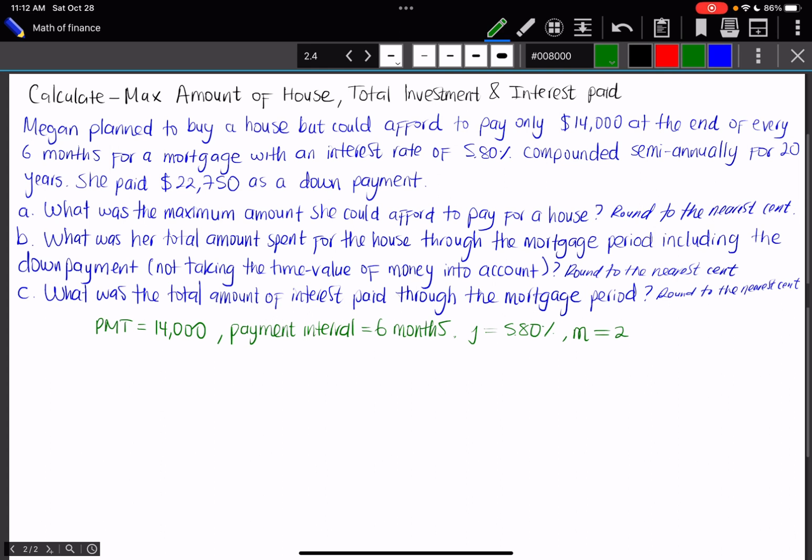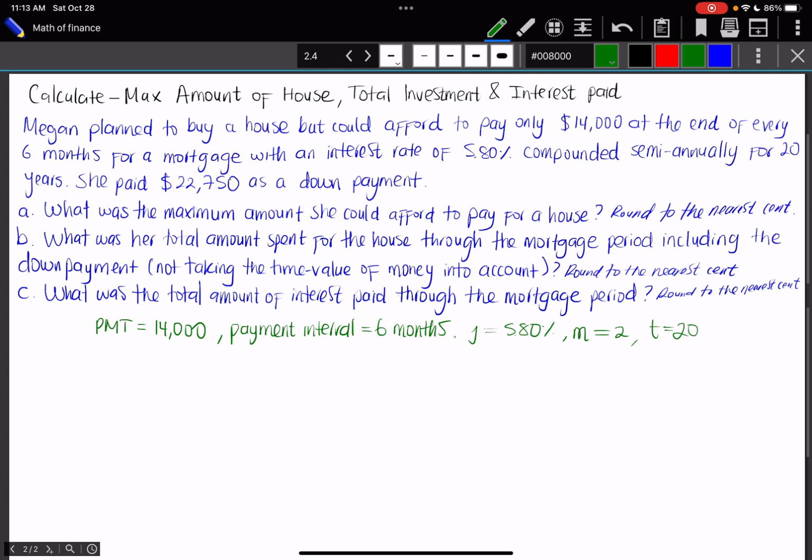And then that interest is compounded semi-annually for 20 years. 20 years is the term of the annuity. It's usually denoted by T. It's the time from the beginning of the first payment interval to the end of the last payment interval. And in this example, we have 20 years.